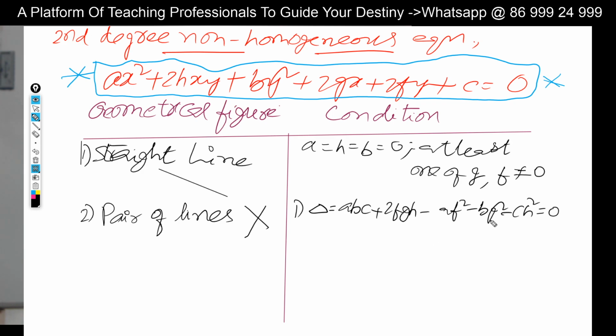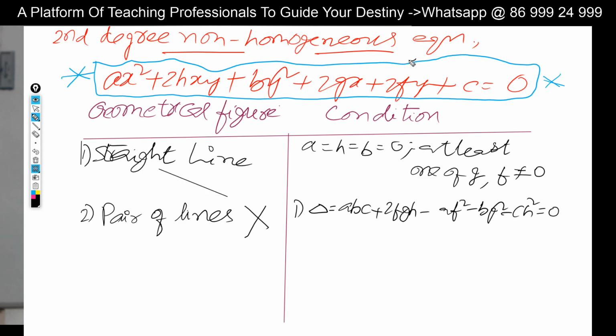Arun, you asked a question here, why should AHB be 0? See Arun, further in straight line we will be learning this; it is too early to discuss this, because after locus and change of axis, the topic that is going to be started is straight line. You will understand the equation of the straight line.